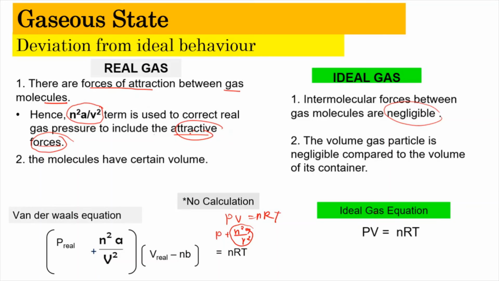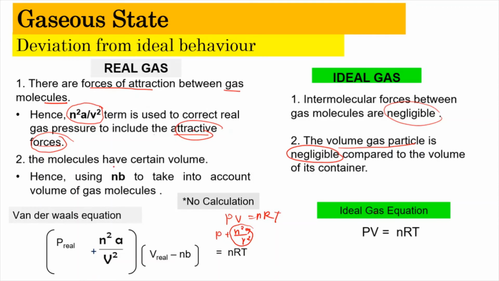And at the same time, in ideal gases, we tend to ignore the volume of the gas particle. Pasal mula-mula kita kata dah, volume of the gas particle is negligible, we can ignore. But in a real gas situation, we have to consider the volume that is occupied by the gas. For that reason, we need to use the term nb to take into account the volume of the gas molecule.